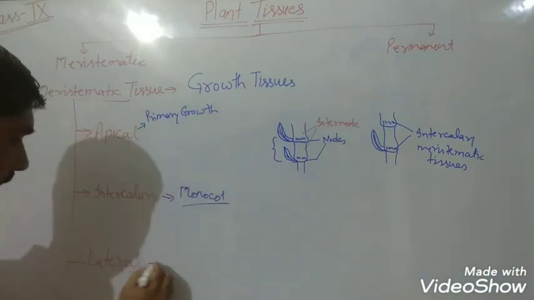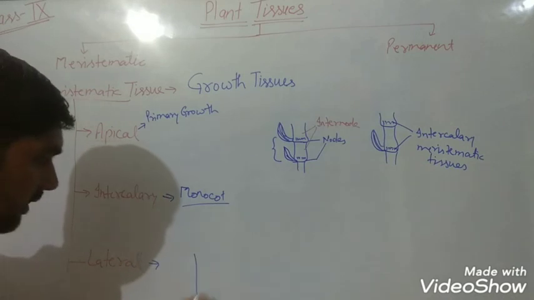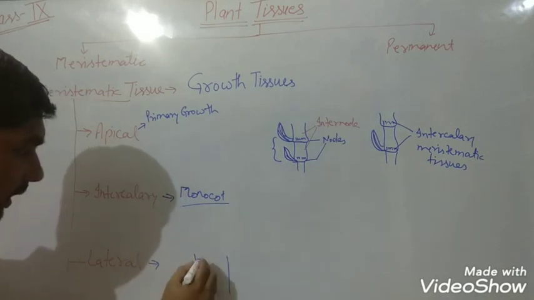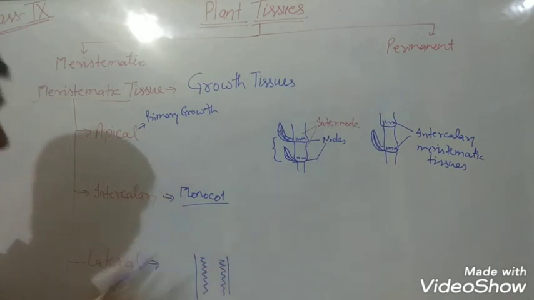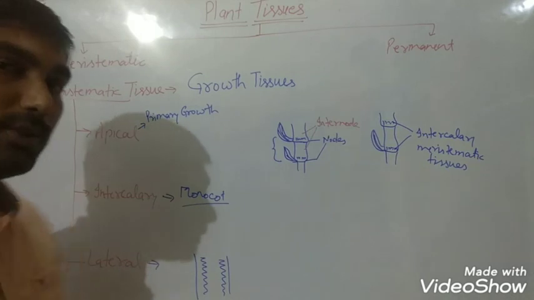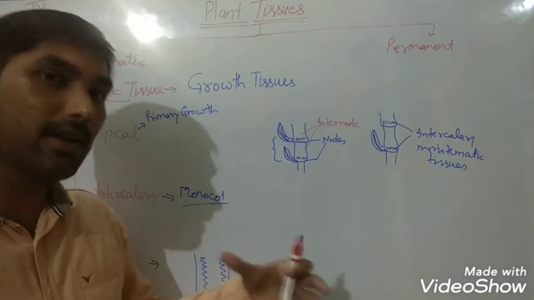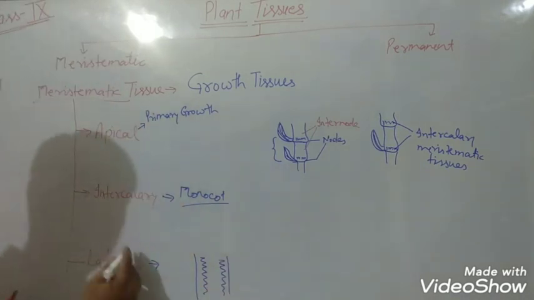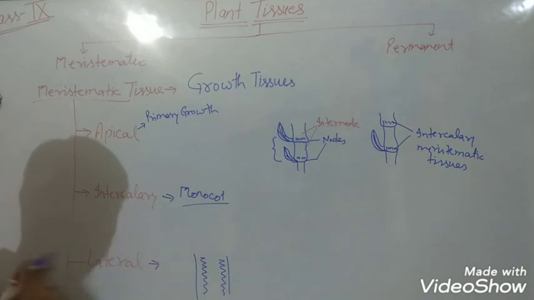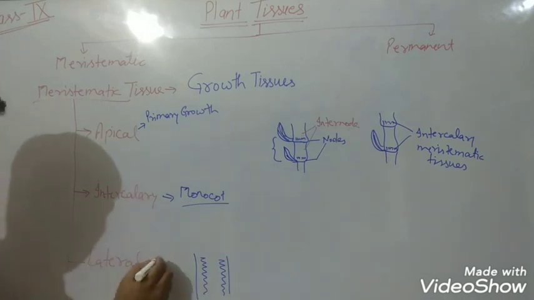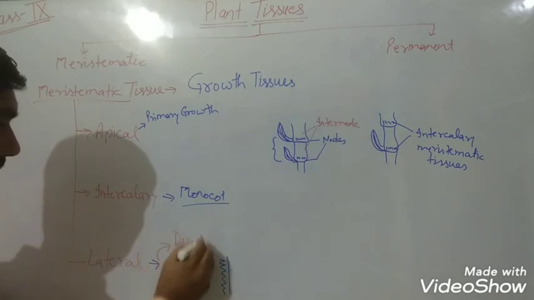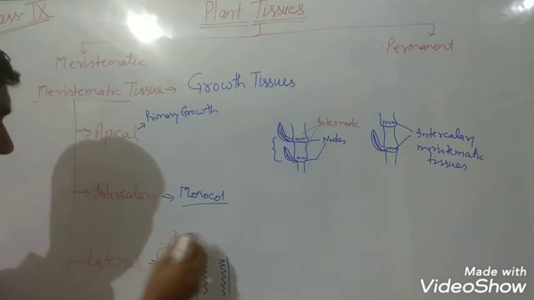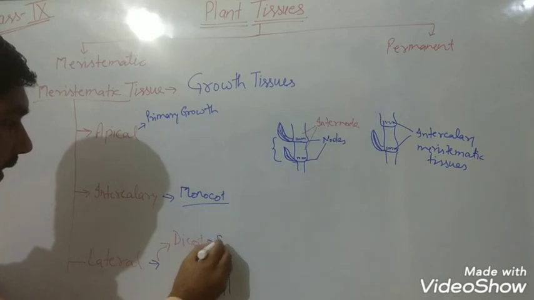Suppose it is the stem of the plant, so where will these meristematic tissues be present? At the lateral side, both sides of the plant, and these are responsible for increasing the girth of the plant. So lateral meristem is present only in dicot plants, and these are responsible for what?